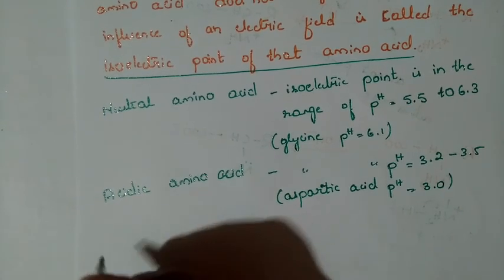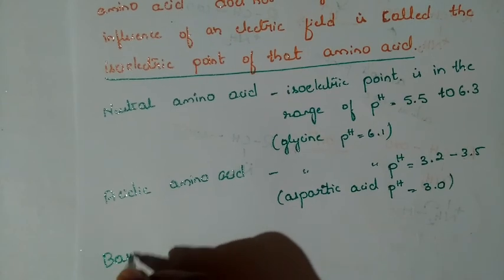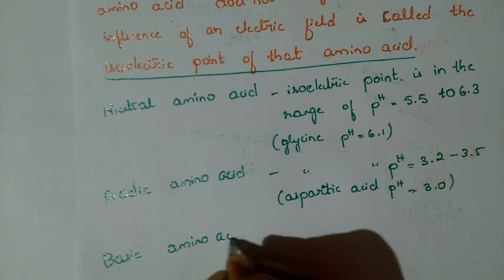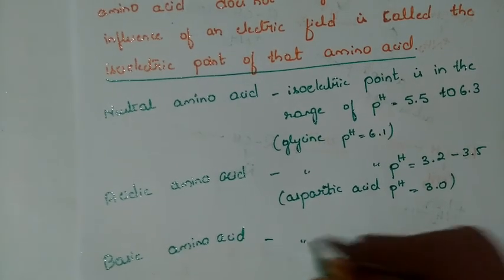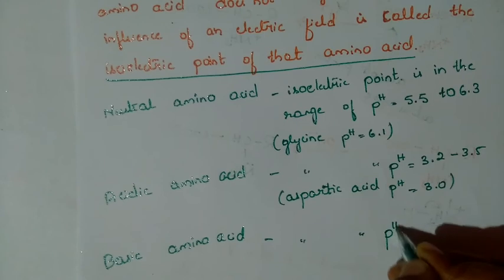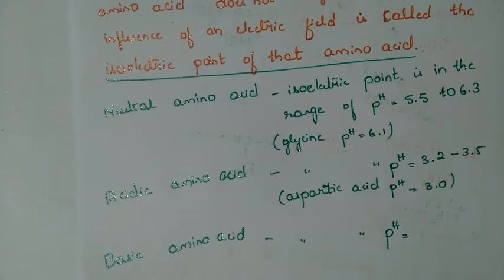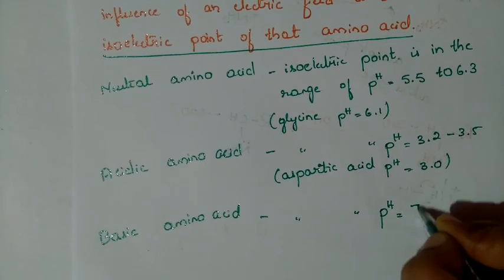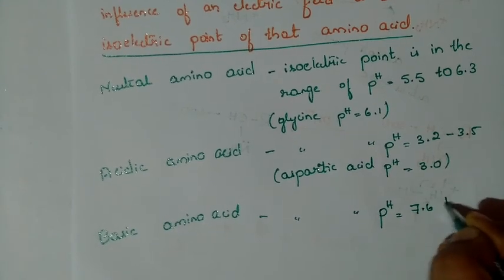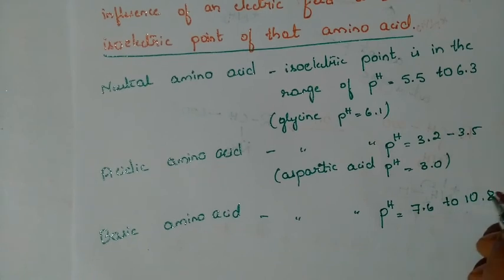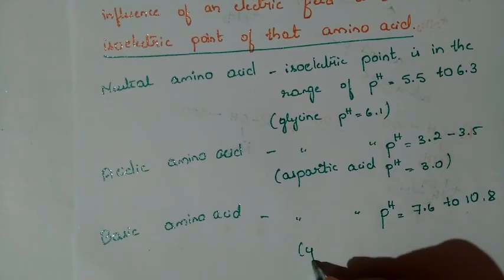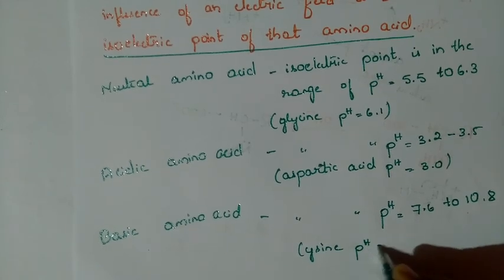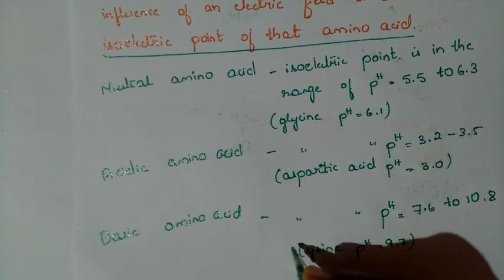Likewise, if it is a basic amino acid, the isoelectric point, where the pH varies between 7.6 to 10.8. We have an example, lysine, where the pH of lysine is 9.7.